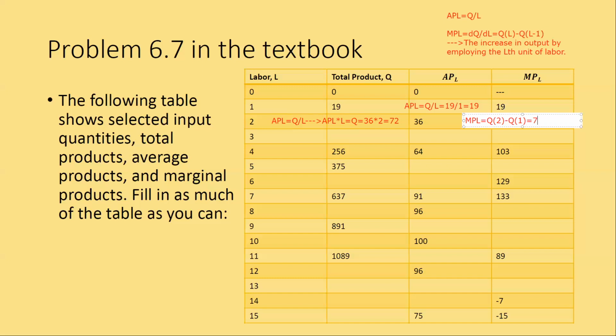Based on the numbers we have calculated, this difference is 72 minus 19, which is 53. So the marginal product of the second unit of labor is 53.